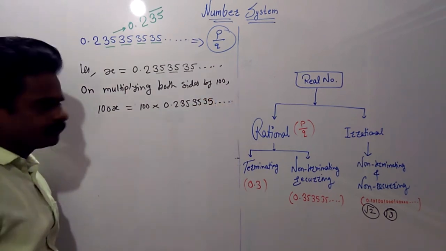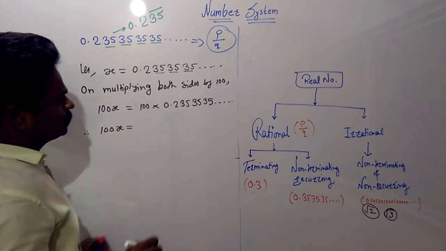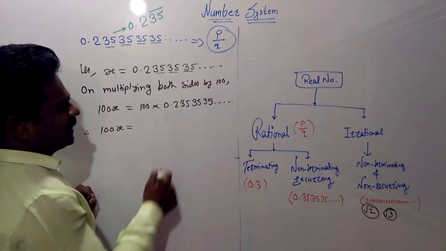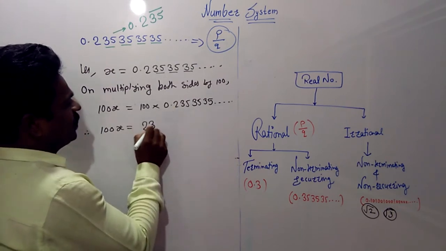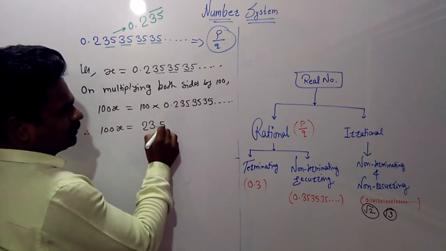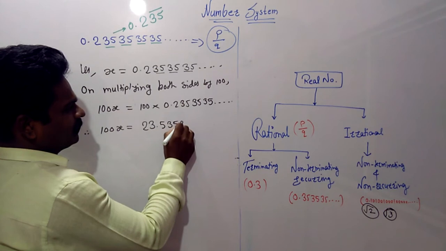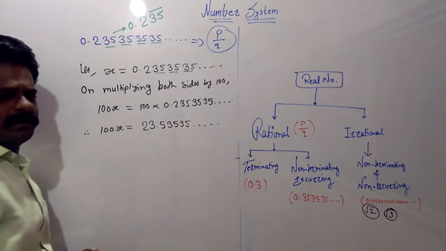No problem. Therefore we'll get 100x is equal to, now 100 into this, that means it will become 23.53535 and so on. Okay, no problem. Fine.